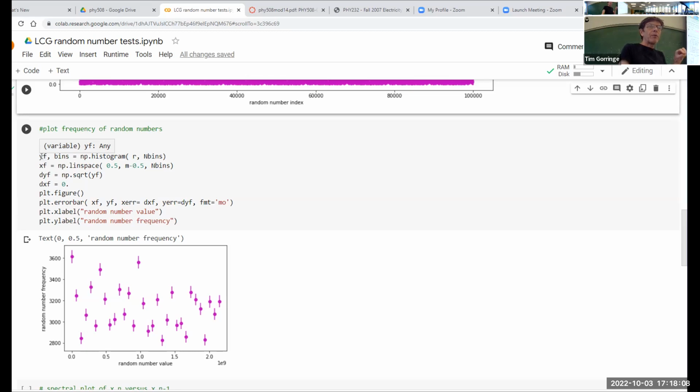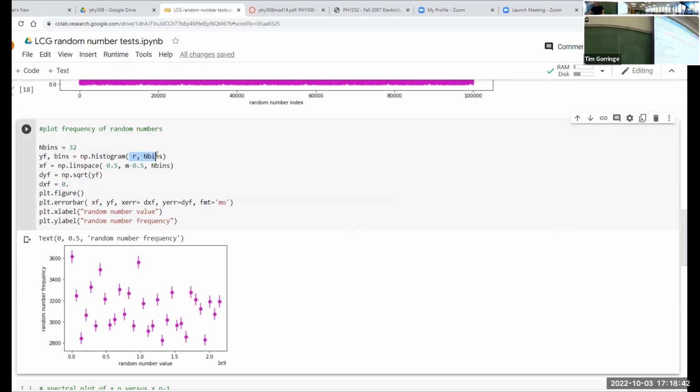By building a histogram, I mean I've got this big array of 100,000 random numbers, and I want to throw them into little bins, 32 separate bins, and count how many I get in each of the 32 bins. This core NumPy histogram function is basically doing that. I'm giving it the array of 100,000 numbers, and it's putting them in these 32 different bins. So just look at the arguments here.